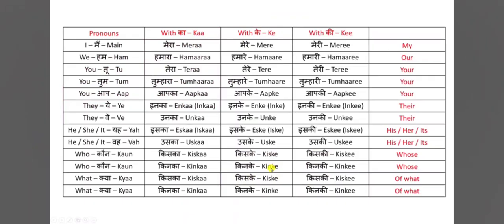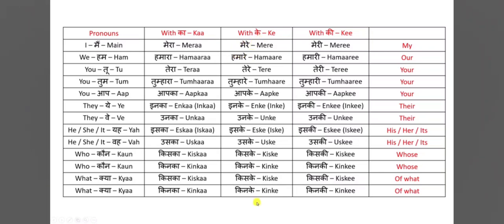Now here, this is the table from the previous video. Pronouns with ka, with ke, with ki. We had learnt this in the previous video. Now here, for us, what is useful is with ke. मैं plus के मेरे, हम plus के हमारे, and so on.